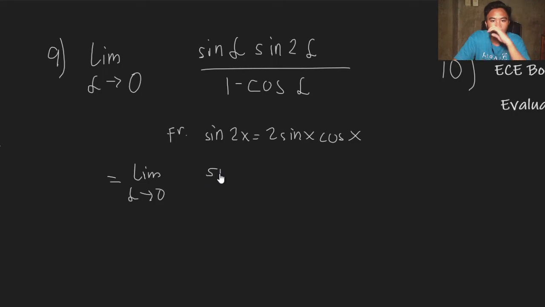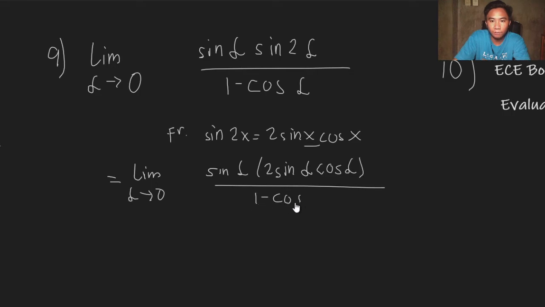So, magiging sine alpha multiply to 2 sine alpha instead of x becomes alpha cosine alpha all over 1 minus cosine alpha. And continue the limit as alpha approaches to 0. So sine alpha times sine alpha becomes sine squared alpha.